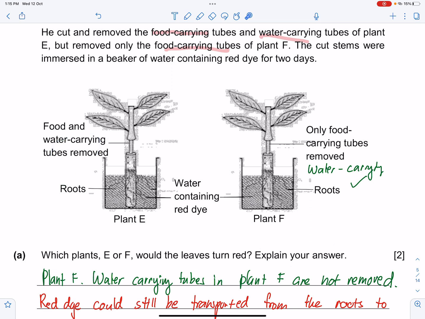So we know that in photosynthesis, water needs to be present in order for photosynthesis to occur. Without it, it cannot happen. It's as simple as that. So because of the water being present, water can still travel up to the leaves, and then photosynthesis can occur.